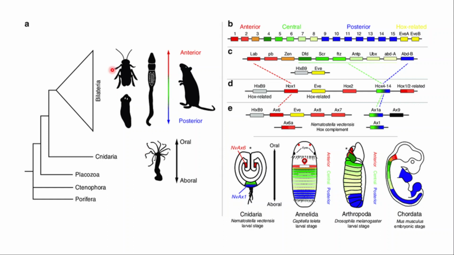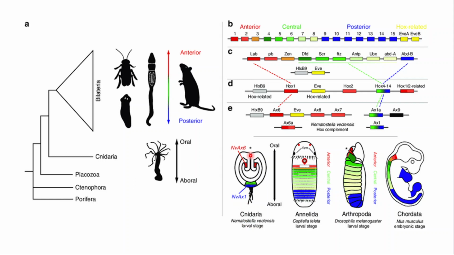So in all bilaterally symmetrical animals, the anterior to posterior axis is defined by the Hox genes, which includes all classes of animals from vertebrates to cnidarians to flatworms to insects, and there are many Hox genes here.